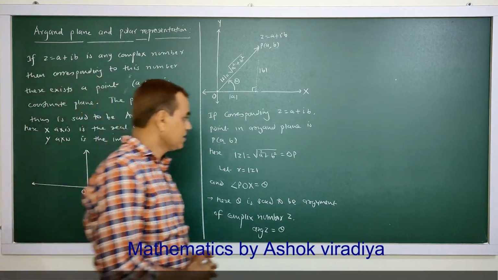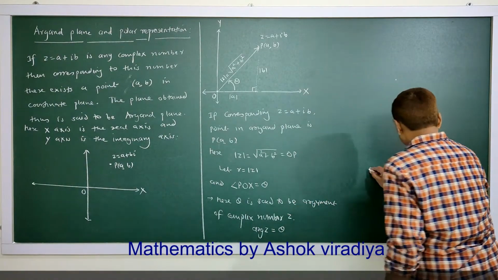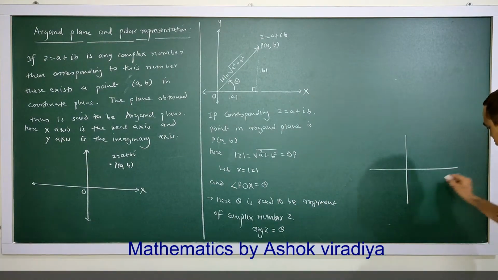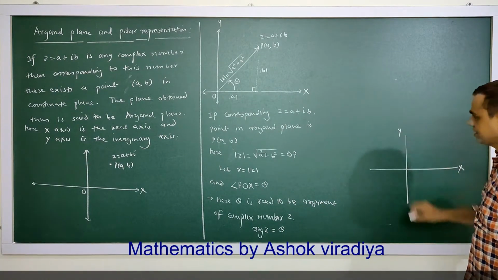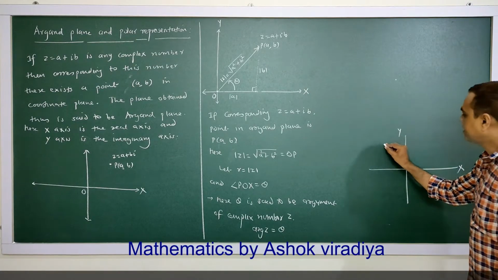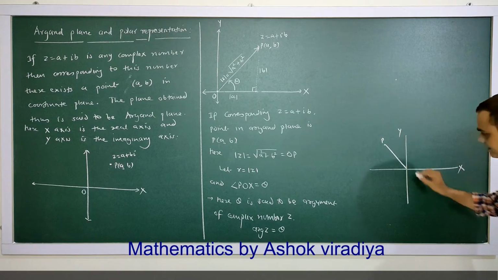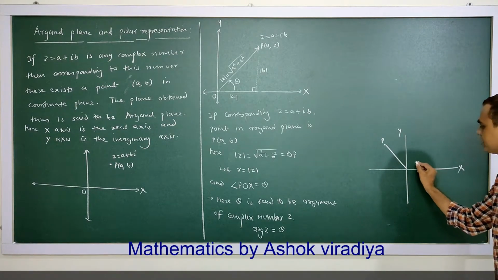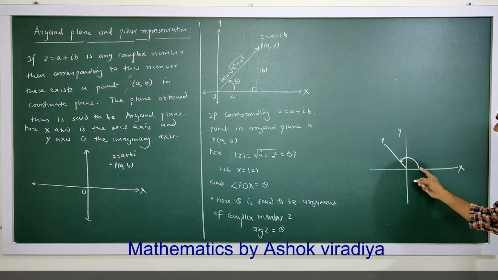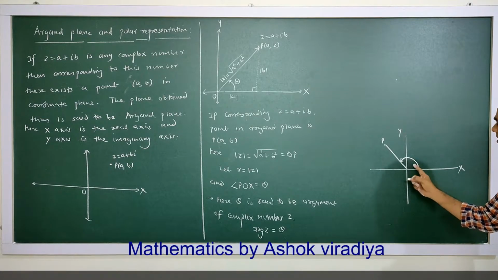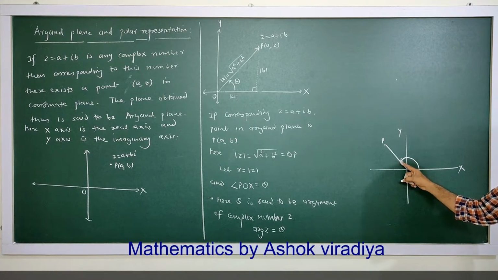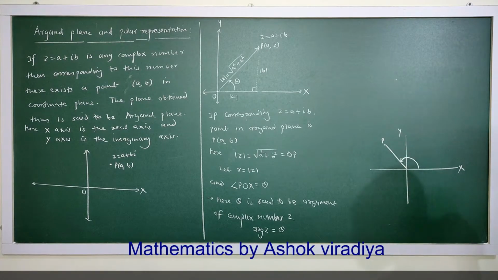Now see, suppose this is the x-axis, this is the y-axis. If point P is here, this is the directed line segment. So the value of theta is in the second quadrant, more than pi by 2.